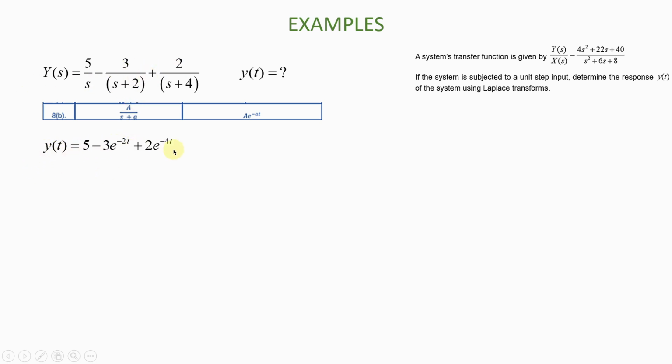You can easily find this by just looking at row 8b in your Laplace transform tables, okay? Very, very important. And so it's quite important for you to be able to use that table. Otherwise, you will struggle a lot with this module.